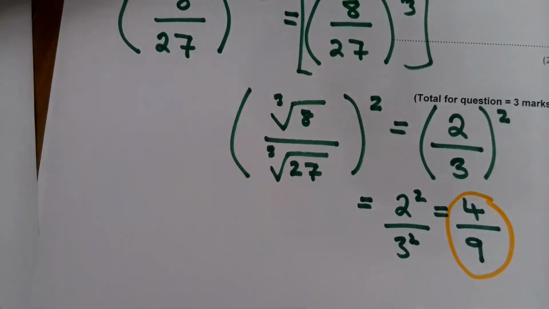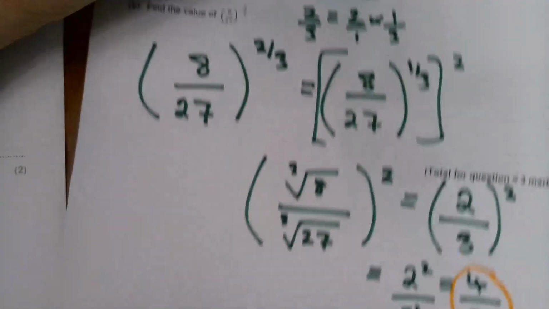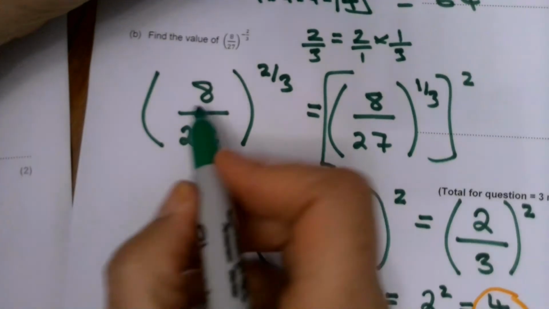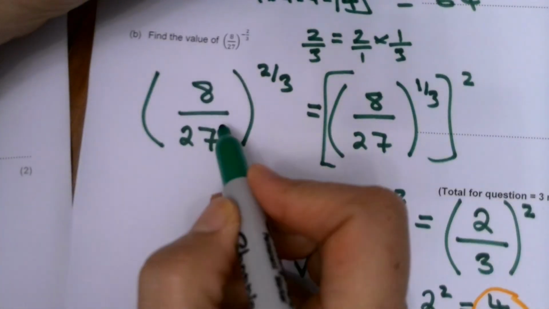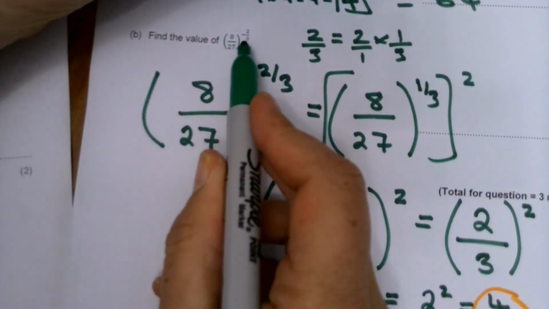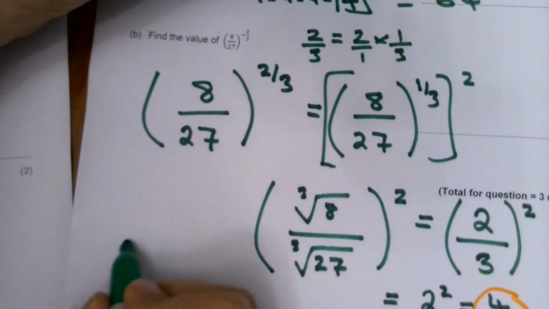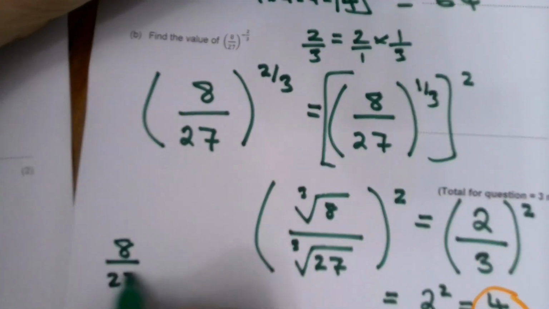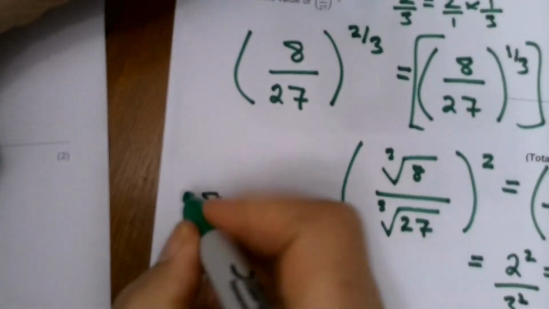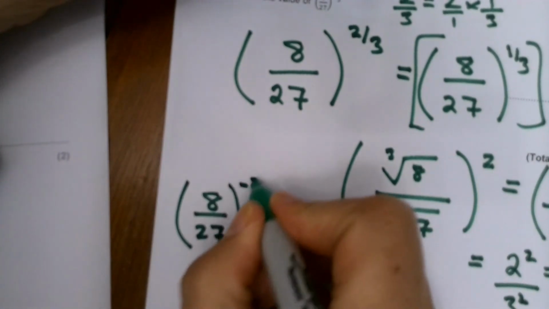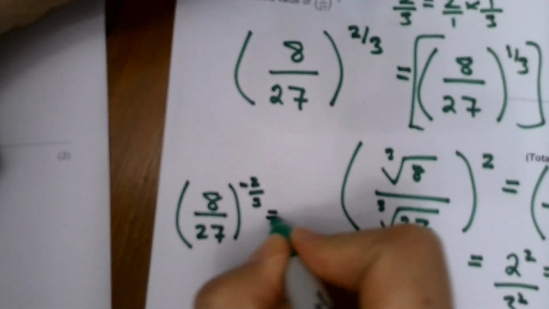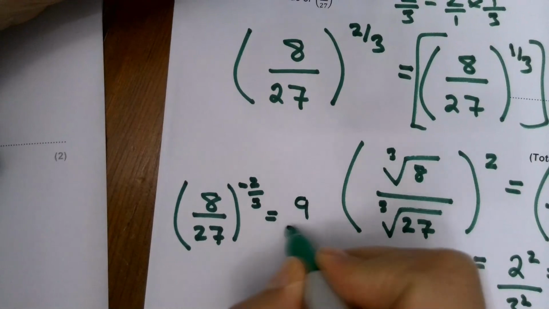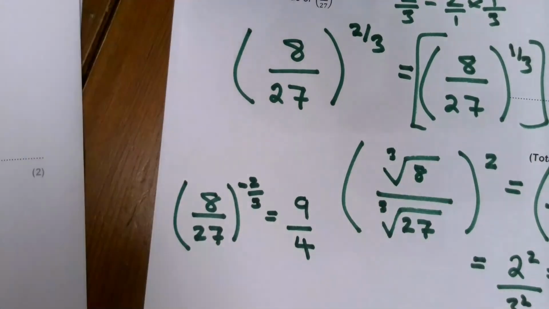So let's go back to the question. I've worked out this, which is 4/9, but I want the negative power. So to the negative power, I just flip over what the answer was to the positive power.